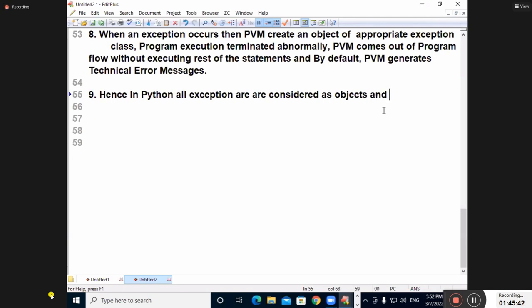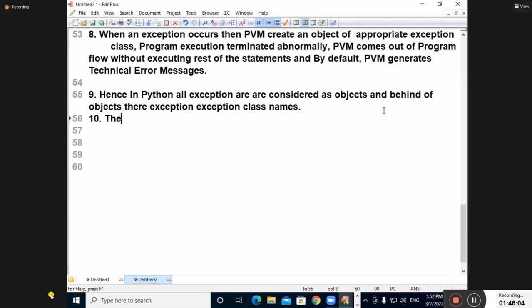And behind the objects, what exists? Exception class names. Yes. Last point I am writing. So therefore I am writing the final conclusion.